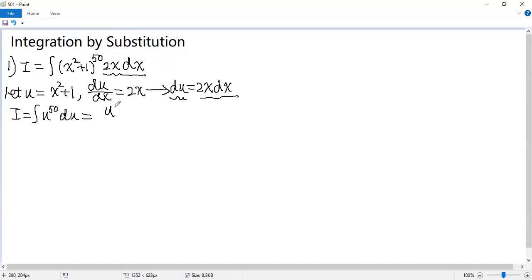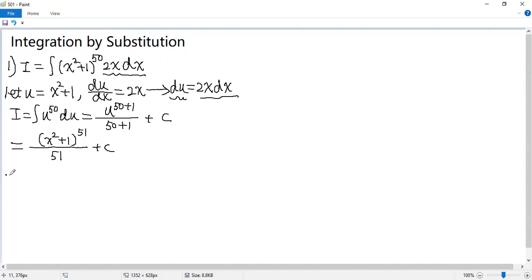It is u to the power of 50 plus 1 over 50 plus 1, plus a constant c. Finally, we can replace u by x squared plus 1. So we get (x squared plus 1) to the power of 51 over 51 plus c.